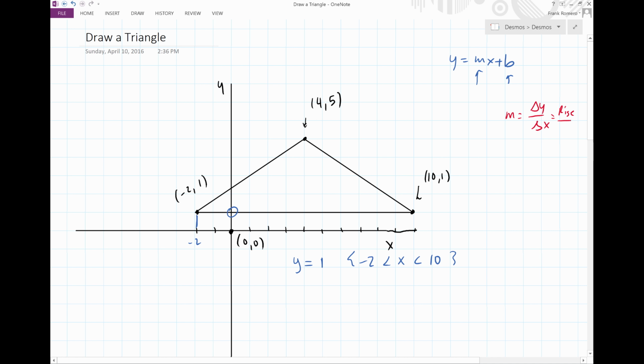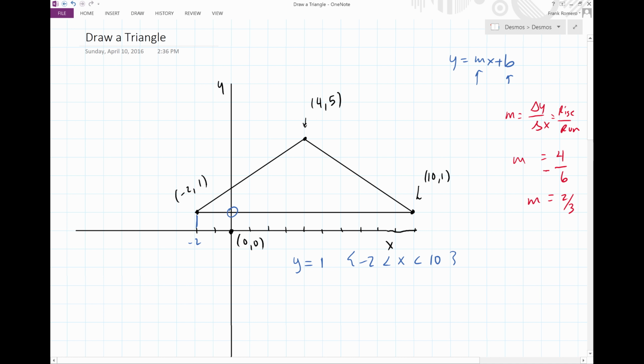Rise over the run. So rise, 1, 2, 3, 4. Okay, and then run, 1, 2, 3, 4, 5, 6. Okay, and we know that this line is going down, right? So it's going to be negative. So the slope is going to be 2/3 when we reduce.